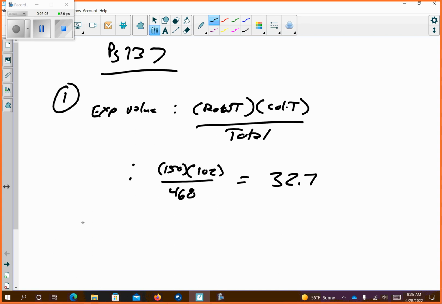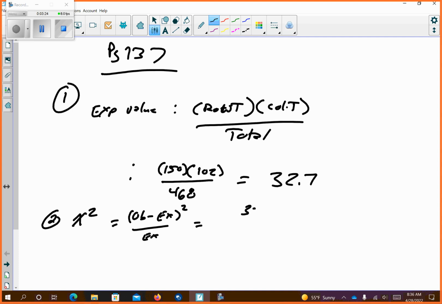So how do we find the chi-squared of this then? Observed minus expected, squared, over expected. All right, so observed 0 to 18-year-olds at restaurant A, right?